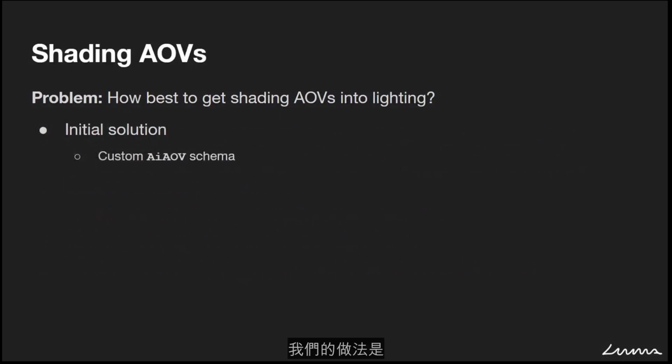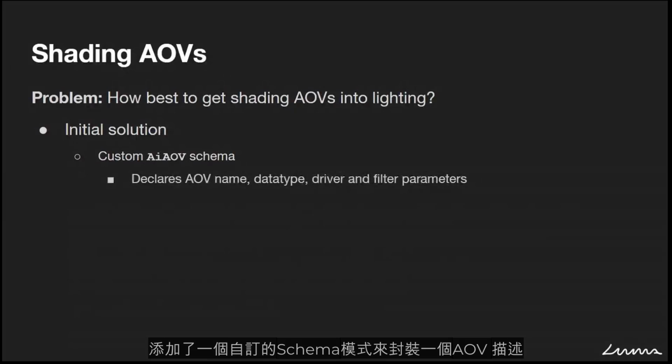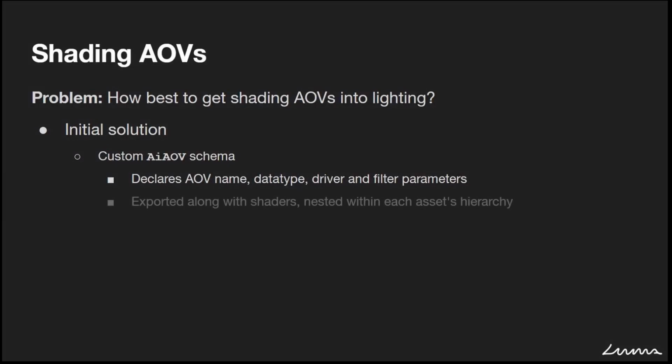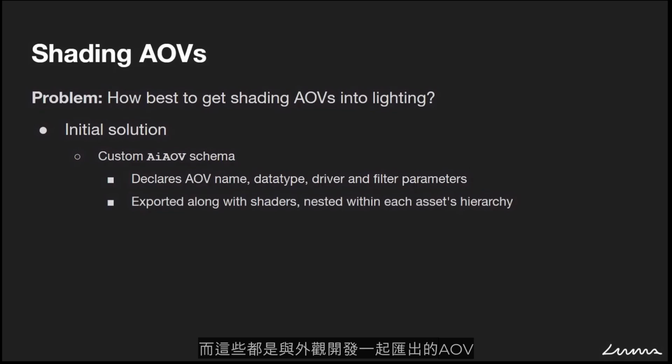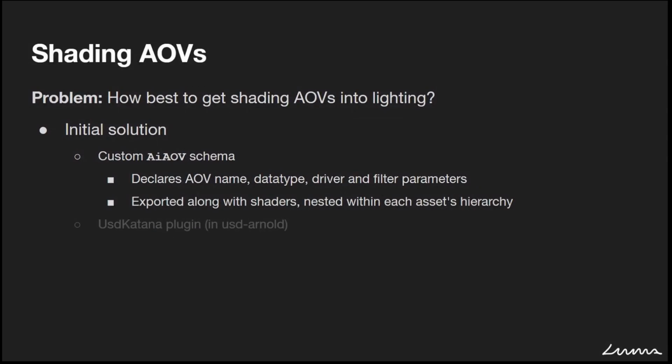So the way we approached this, we added a custom schema to encapsulate an AOV description. It's essentially just the name, the data type, parameters for the driver, and the filter. And these AOV prims were exported along with the look dev, and they were nested in the asset's hierarchy, kind of alongside the shader definitions.